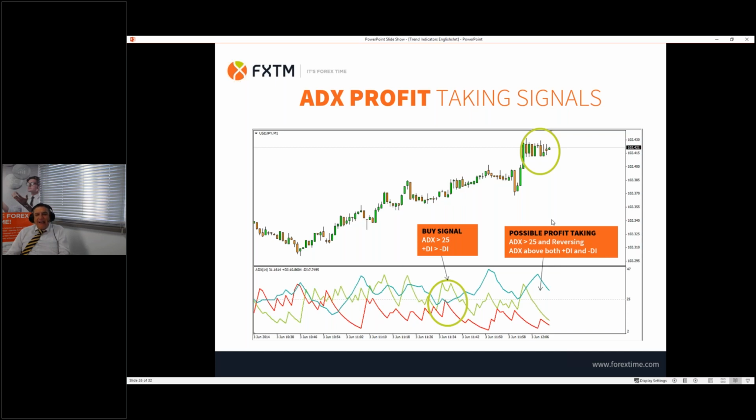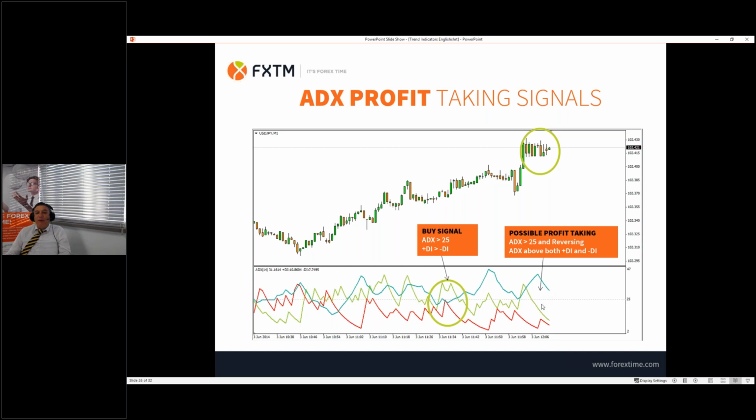we might start getting some profits when the ADX, of course, is above 25 and above both the green and the red line, and ADX starts dropping, starts falling. Do you see? Here in this case, ADX is above 25.